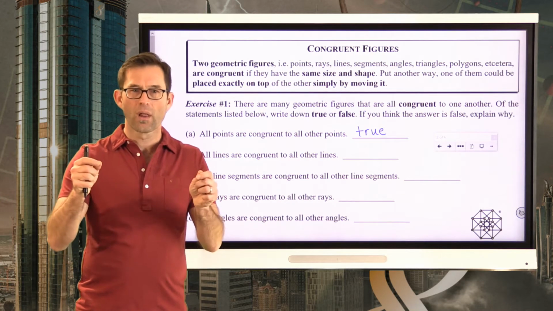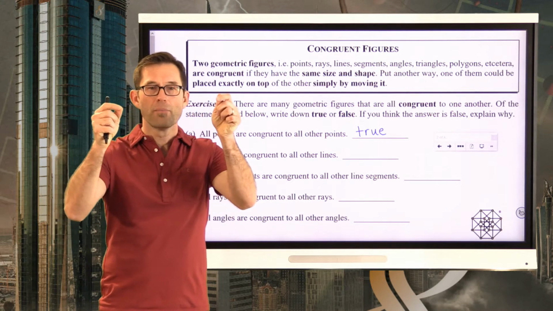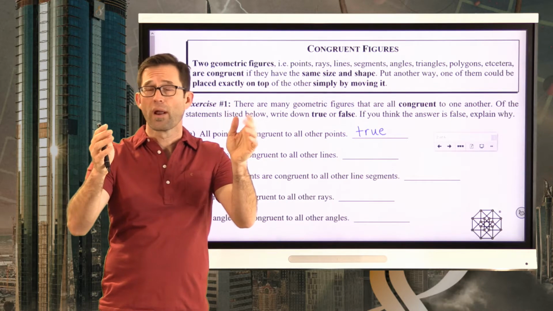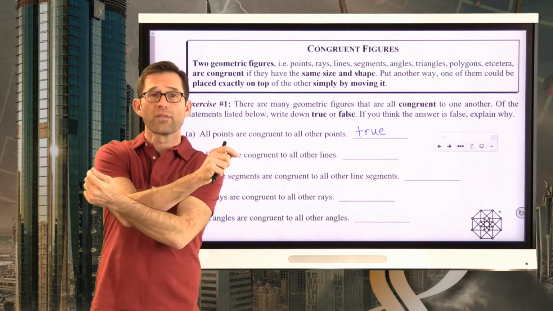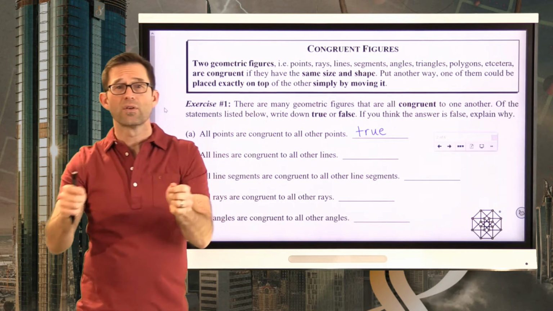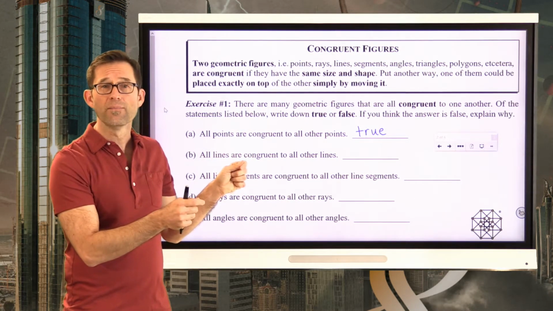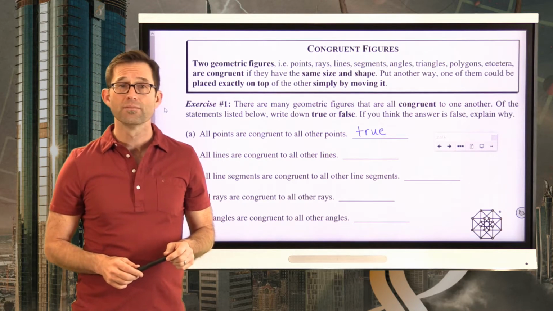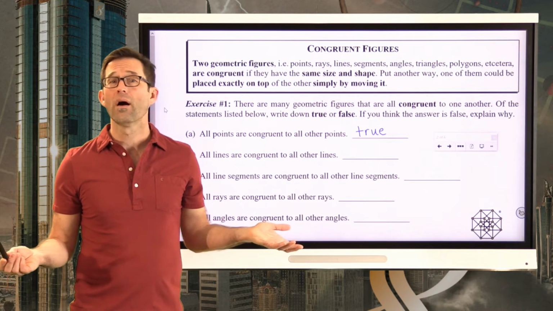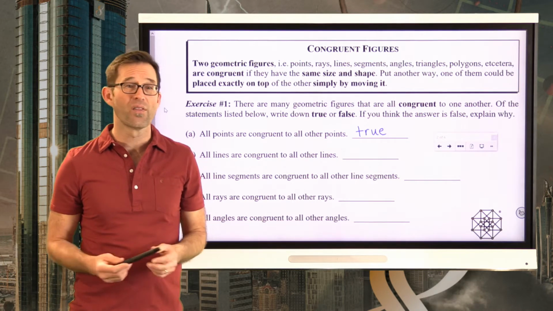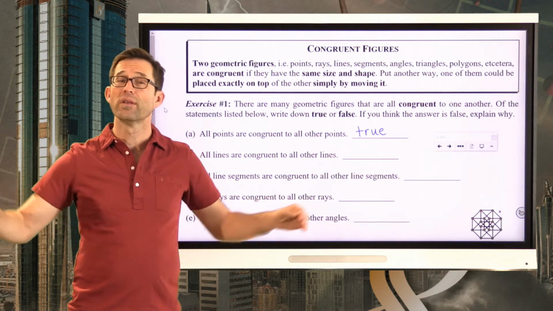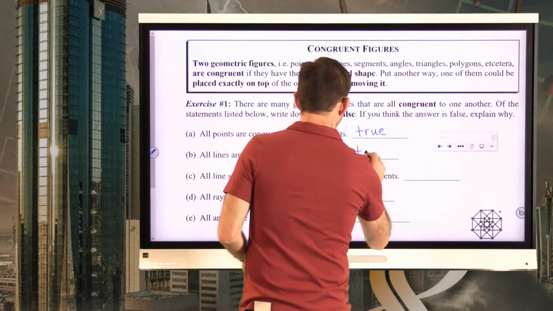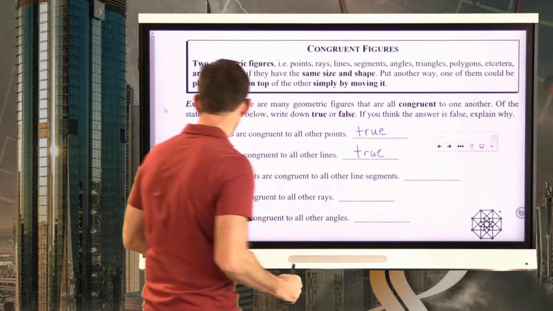Could you trace one line on a piece of paper, pick the paper up, and without changing the size or the shape of the line, now you can rotate it, reflect the piece of paper, or shift it, could that line then lie on top of the other line? And the answer is absolutely. All lines are congruent to one another because all they are is infinite numbers of points that stretch out forever in two directions. So yes, all lines are congruent to all other lines.